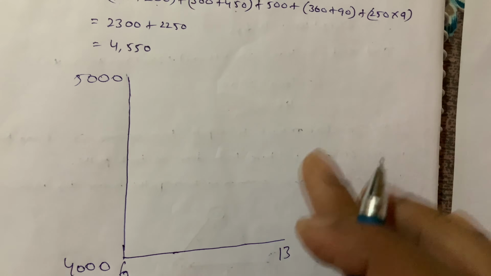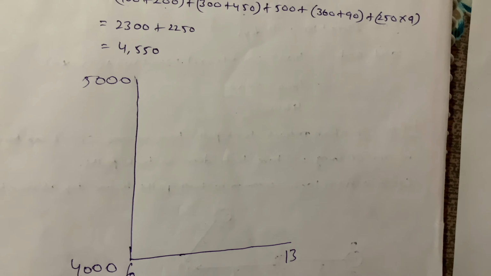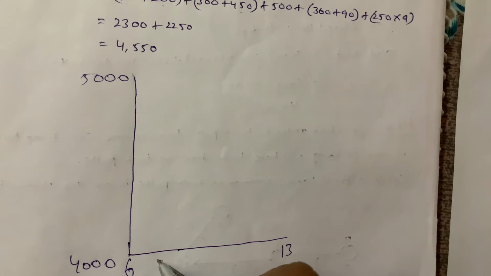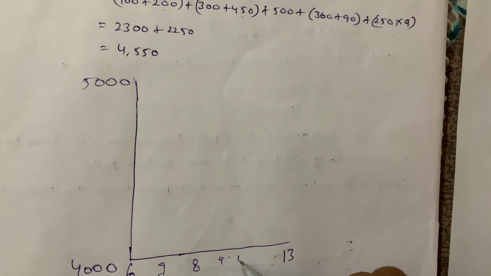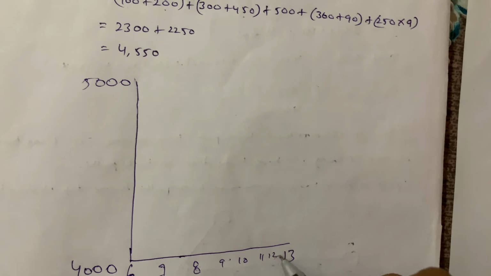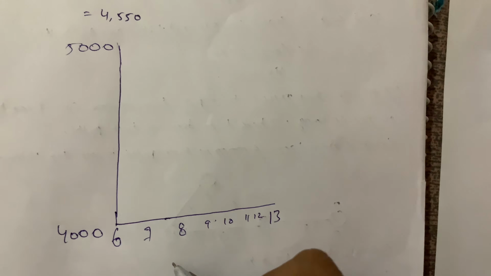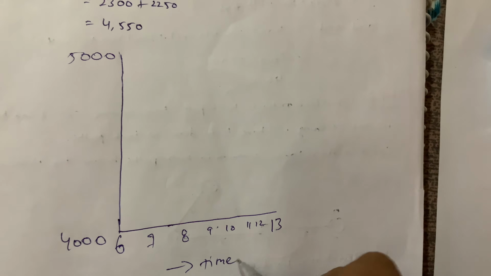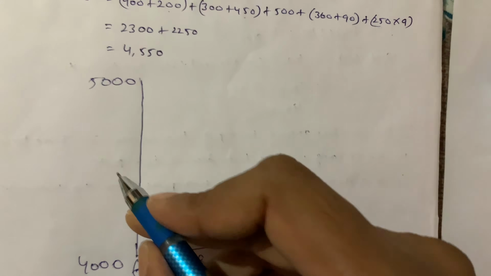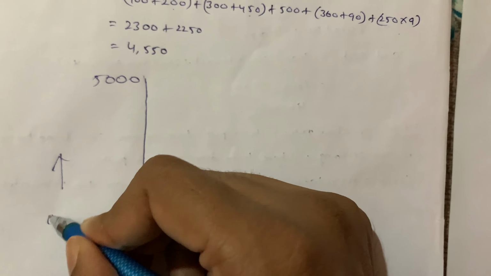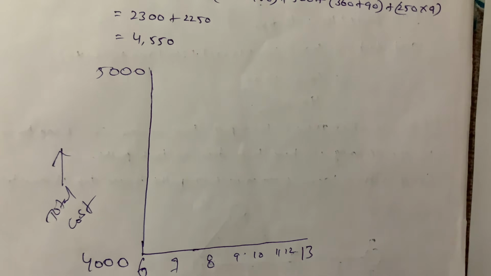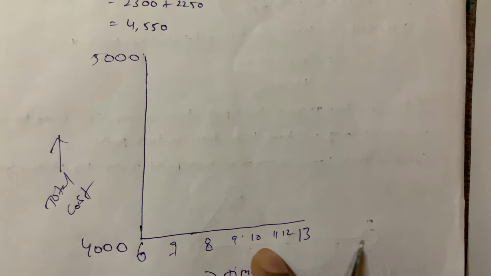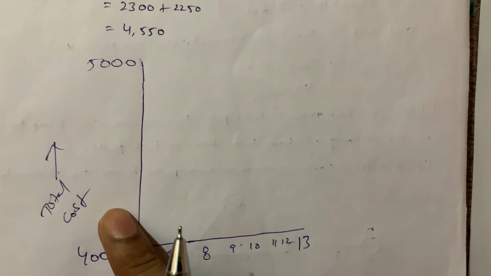So by plotting these values we will get, suppose 6, 7, 8, 9, like this we are having the time in days, and this is total cost y-axis. So 6, 7, 8, 9, 10, 11, 12, 13 is x-axis time, and this is total cost.